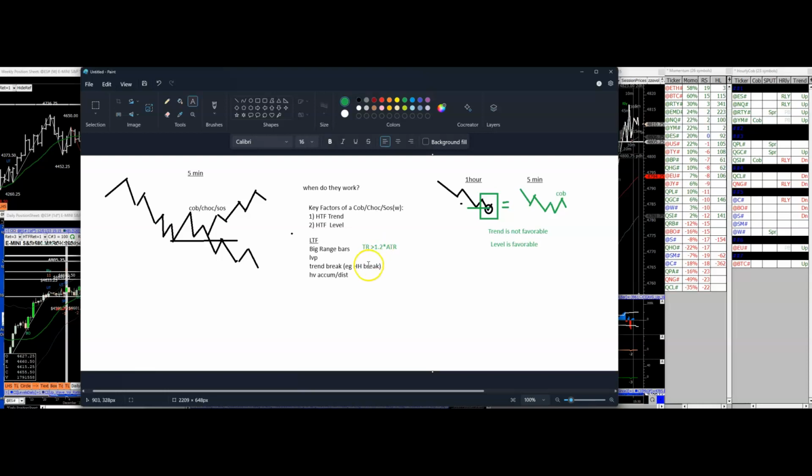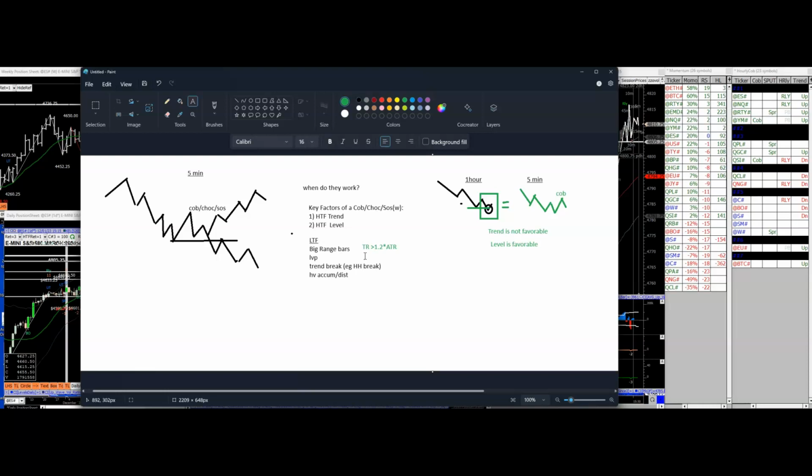Also, on the pullback, you must have low volume pullback. And I'll show you examples of this, where you can use average wave volume and compare the volume on the pullbacks to an average to see if it's less than the average. If it's significantly less, you know that you have a lack of selling and the market will go in the direction of the change of behavior.